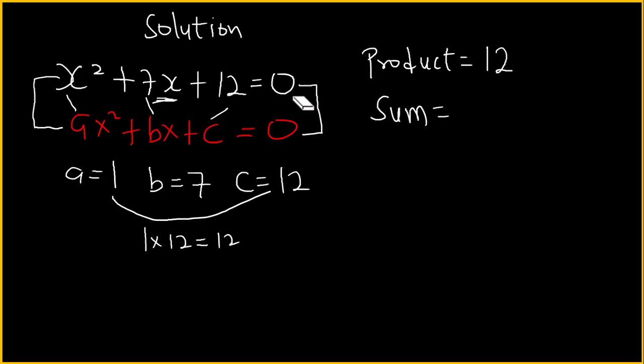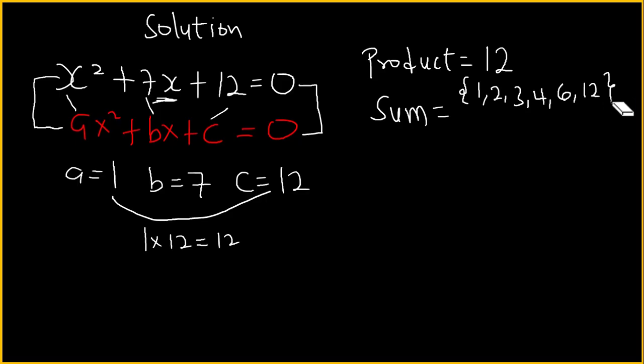So from the factors of 12, let me list them here. 1 by 12 gives us 12. 2 by 6 gives us 12. 3 by 4 gives us 12.